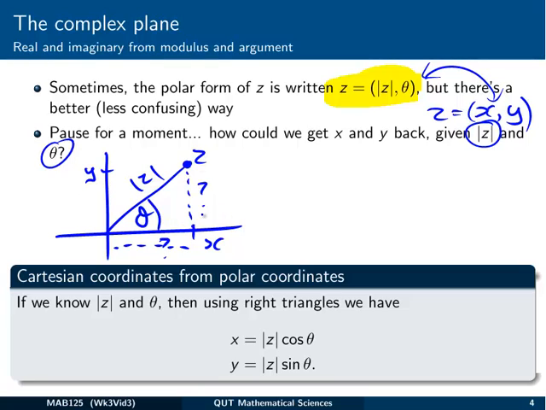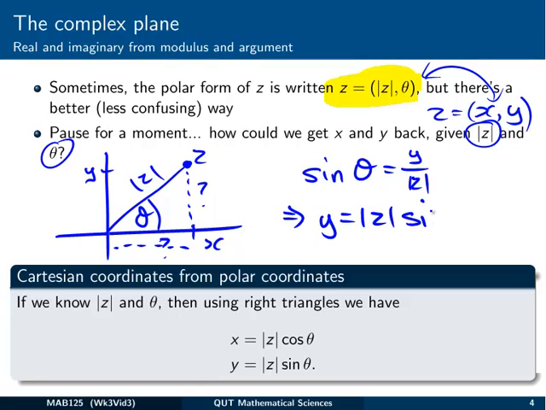So thinking about this opposite side on the triangle here, remember that sine of theta is equal to the opposite side, y, over the hypotenuse. So that tells us that y is equal to the modulus of z times the sine of theta. Okay, so we can regather the y value in our Cartesian form by using the modulus and the argument.